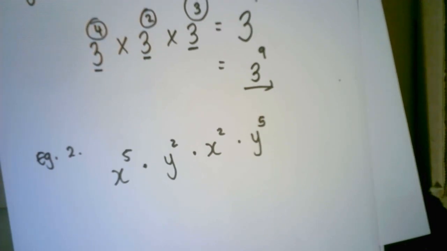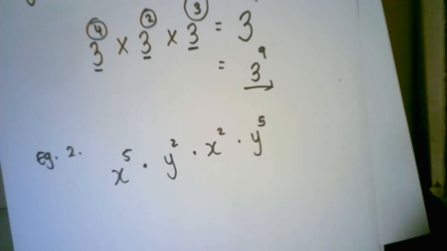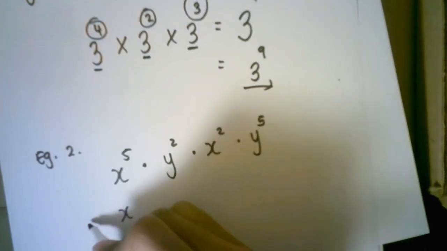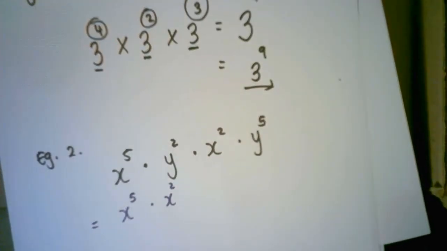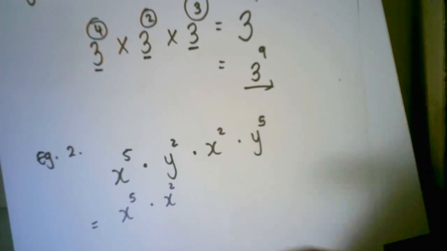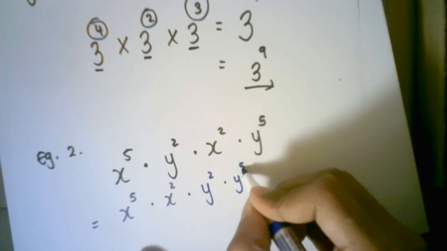Remember, the commutative property also applies to addition, but in this case we are multiplying. So I can even rearrange this as x raised to the power of 5 times x squared, that is being multiplied by y squared times y raised to the power of 5.